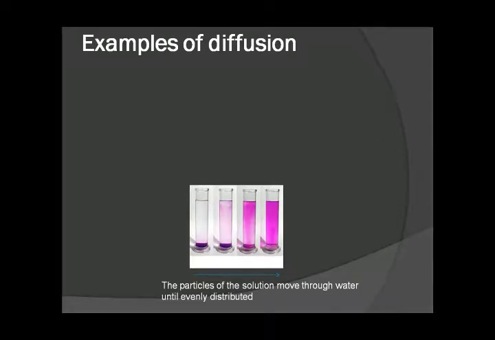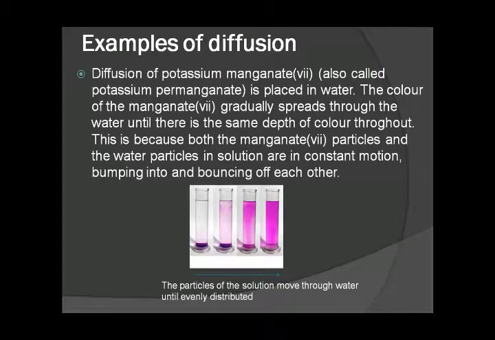So examples of diffusion. Potassium manganate(VII), also called potassium permanganate, is placed in water. The color of the manganate(VII) gradually spreads through the water until there is the same depth of color throughout. This is because both the manganate(VII) particles and the water particles in the solution are in constant motion, bumping into and bouncing off each other.